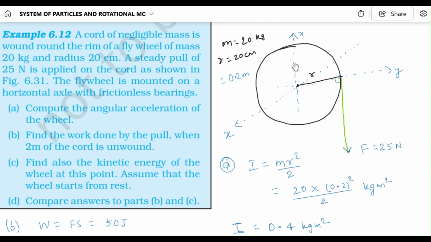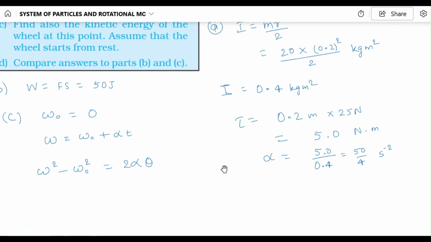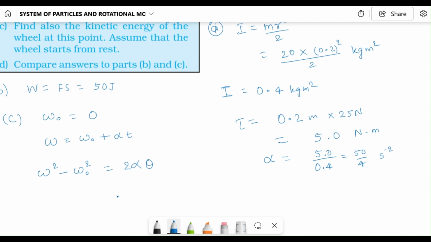So any particle we choose on this path is moving up to 2 meter, and we can find the corresponding rotation of the wheel in radian. We know that theta equals L by R, and L is given, 2 meters, and R is 0.2 meter. So this theta will be 10 radian.